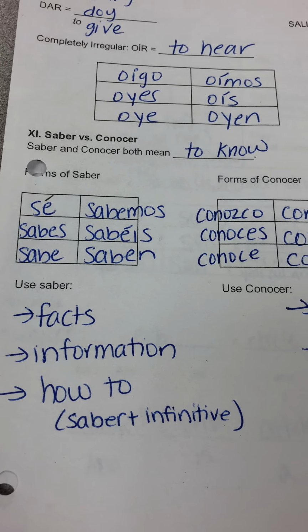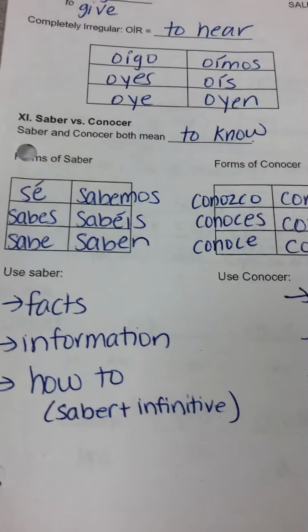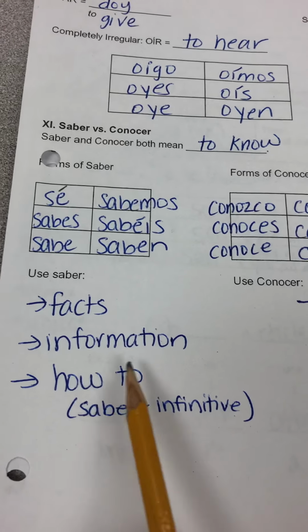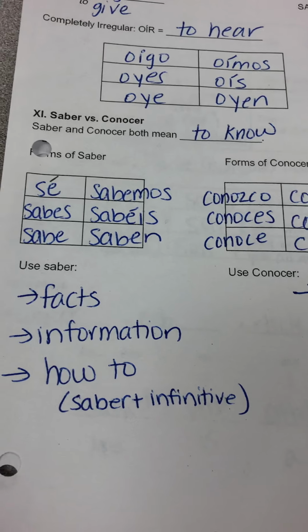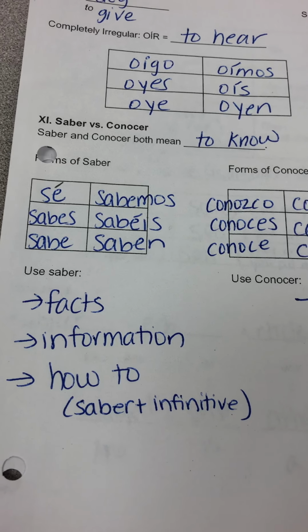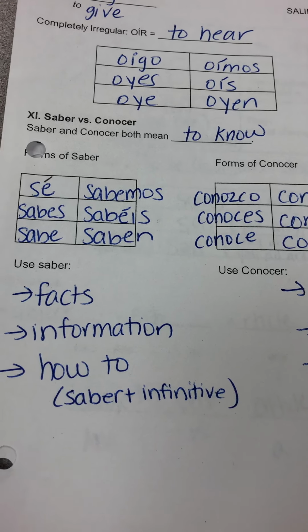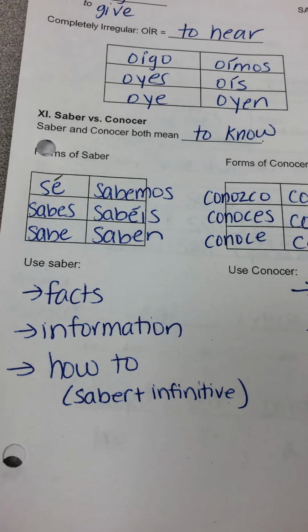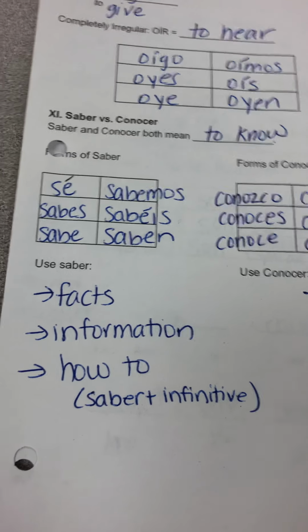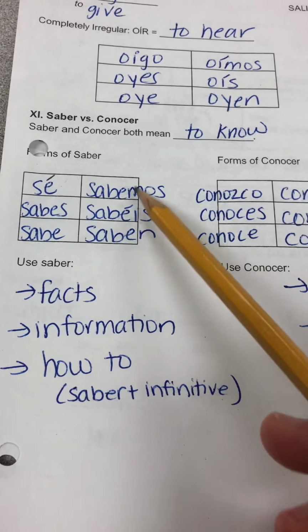I know the number of students in my class. Again, that's factual information. I know how to drive a car. That's saber again: yo sé conducir. I know how to write: yo sé escribir. So anything you know how to do, or factual information, use saber. Again, there are your forms of saber. Don't forget, it's irregular in the yo, but the rest is normal.